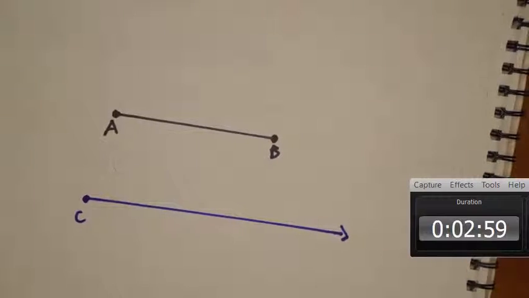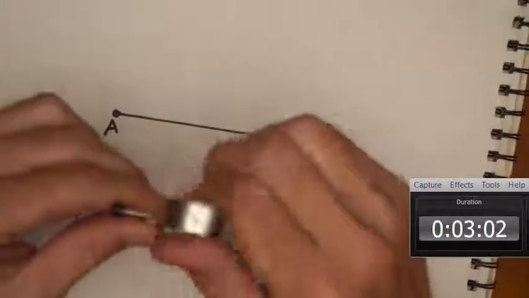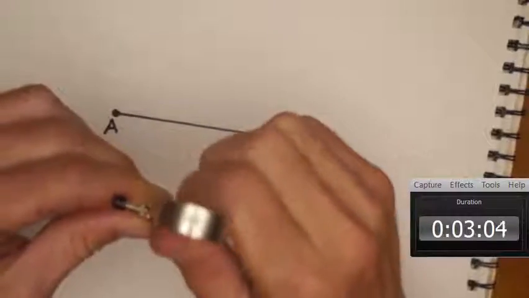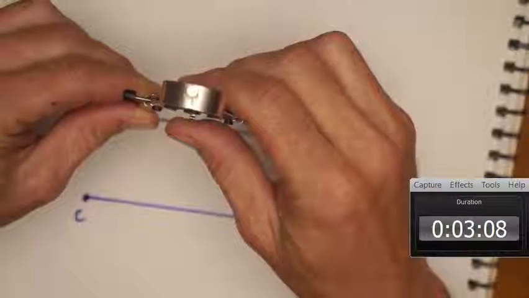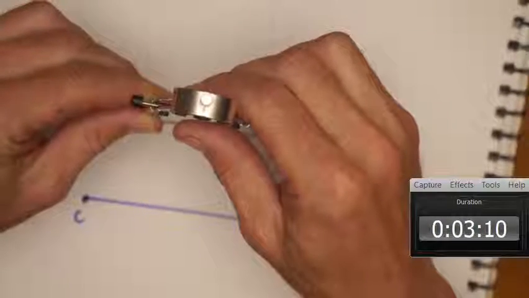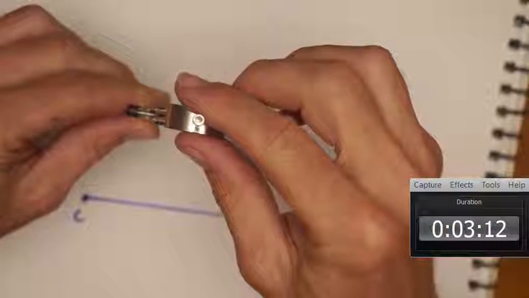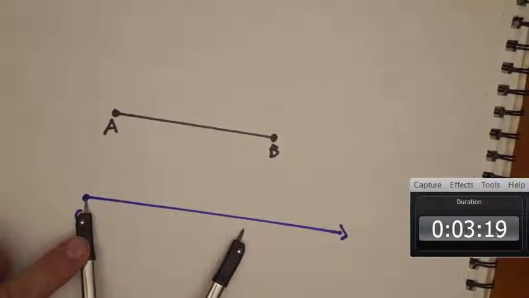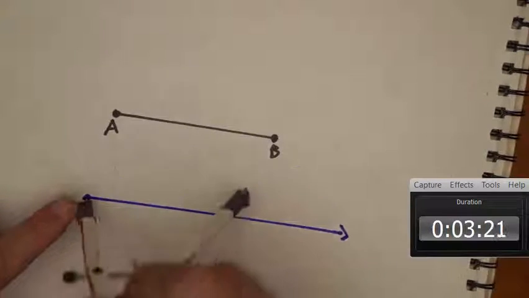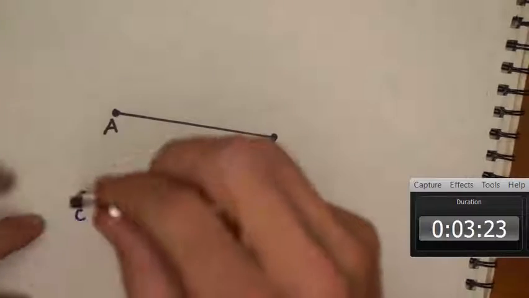We're going to open the compass gap so that it's the same distance from A to B. And then we're simply going to put the compass edge on point C, and draw an arc that intersects the ray that we created in blue.